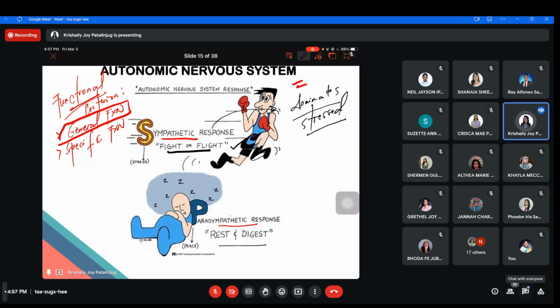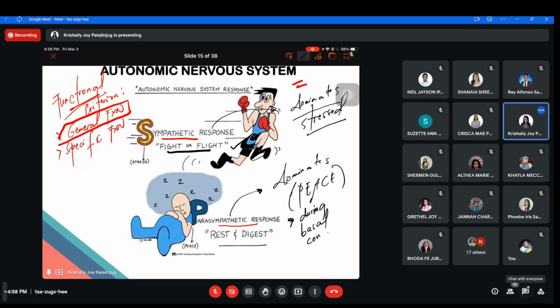And kapag naman parasympathetic response, it is the one that dominates when we are at peace. Okay? Or meaning to say, hindi literal na peace ha, kundi during our normal day-to-day living or during basal condition.